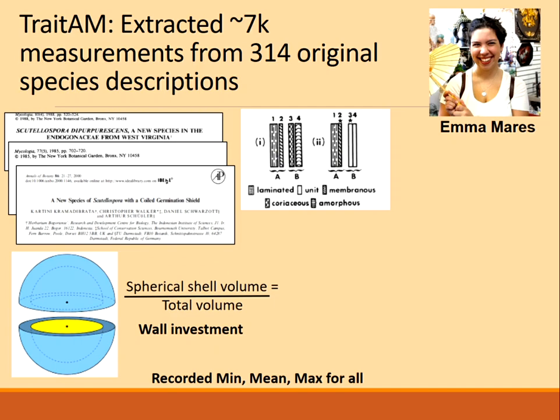So for example, from spore diameter, we can calculate spore volume. And then from wall thickness, we can calculate the volume of the spherical shell of the spore. And then by looking at the ratio of those two, we can get an assessment of investment in spore walls.